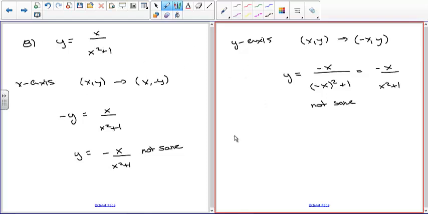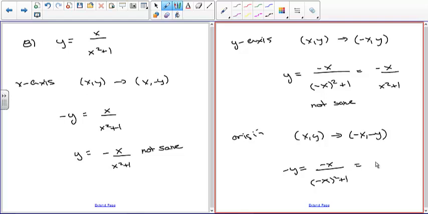Okay, let's try origin. That says compare x, y versus negative x, negative y. So for y we put in negative y, and for x we put in negative x.